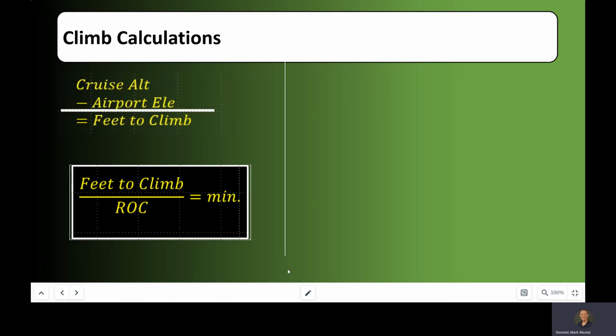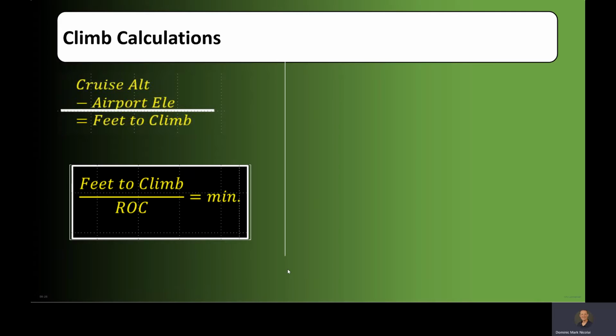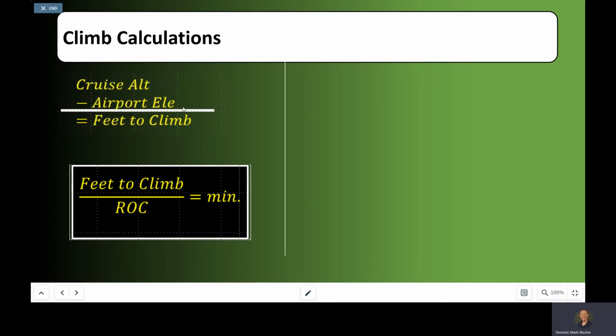Climbing and descending. We need to consider what my cruise altitude is and what my airport elevation is. We're going to do an example of a climb here. I'm leaving an airport at a certain elevation and climbing up to a certain cruise altitude.